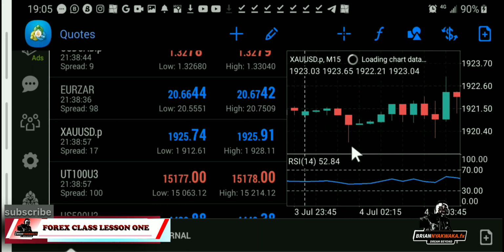Also, a candlestick with a longer lower wick shows us that during that 15 minutes time frame formation, at a point sellers were dominating the market, but due to some factors that we don't know, due to some fundamental or economic or any other factor, buyers came in and dominated the rest of the period, and that's why you can see the market was pushed up.